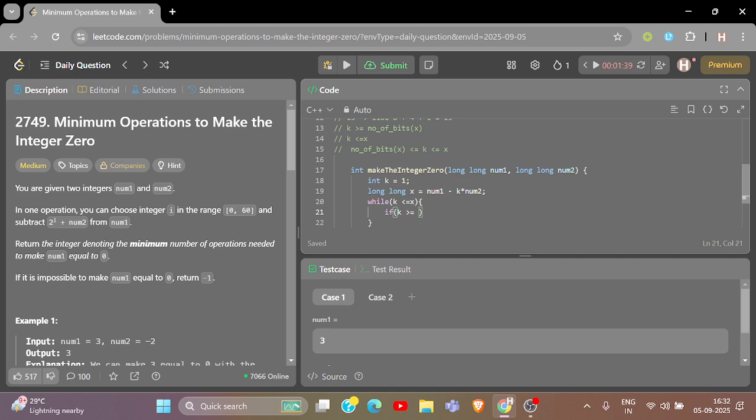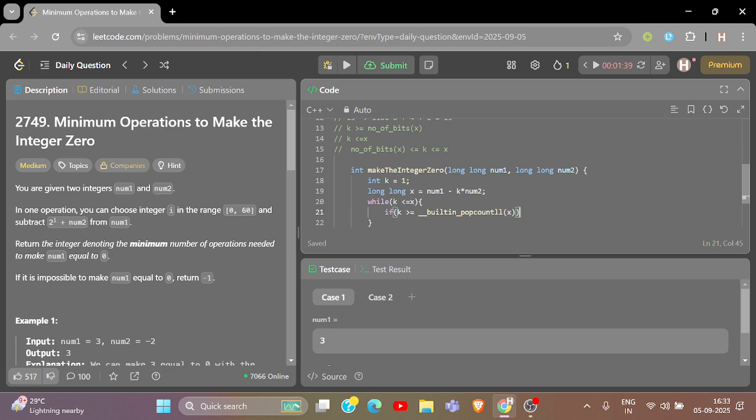For counting the number of bits of x, there's a built-in function in C++, the built-in popcount. Because it is for long, we use builtin_popcountll of x here.